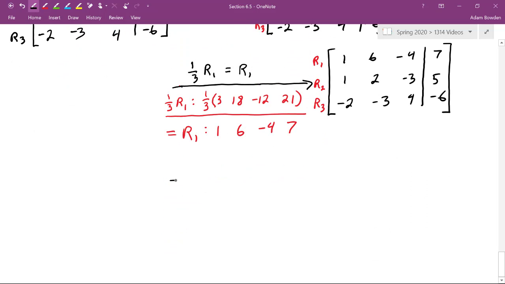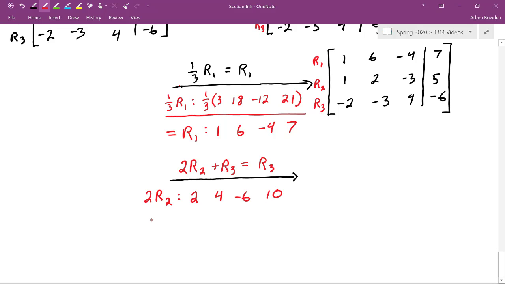So we're going to go here to the next row operation. It says 2 row 2 plus row 3. And since I'm adding it to row 3, that's going to equal the new row 3. So if we take 2 and we multiply all the numbers in row 2 by 2, we'd have 2, 4, -6, and 10.